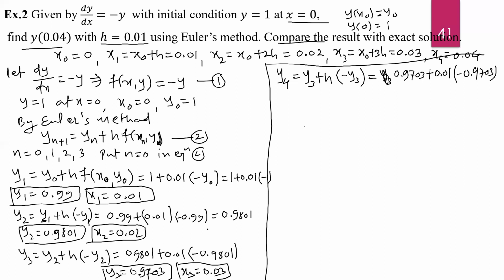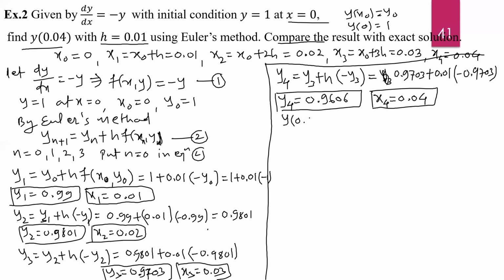So we get y4 is equal to 0.9606, where we round up here. So this is the value at x4, and x4 is 0.04.